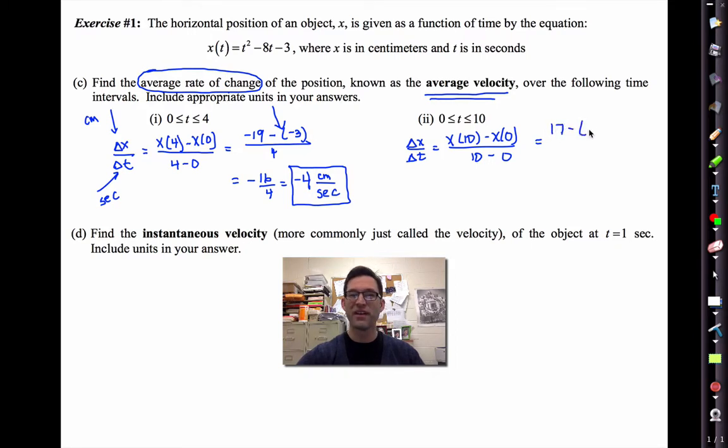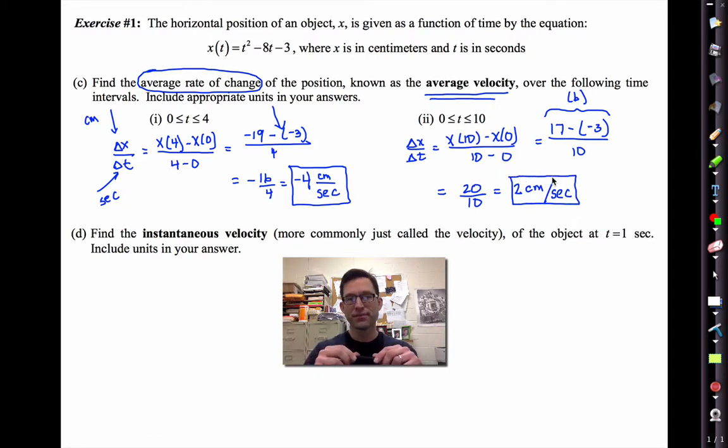We already knew that. The position at 0 was negative 3. So this was actually the calculation that we did in part B, right? Right, when we asked what the displacement was from 0 to 10. In fact, we could have used that answer immediately. So we'll get 2 centimeters per second as the average velocity on the interval 0 to 10 seconds.